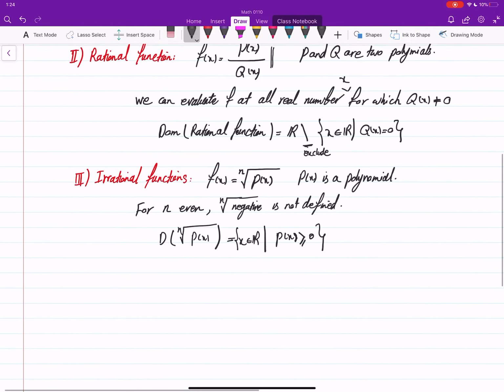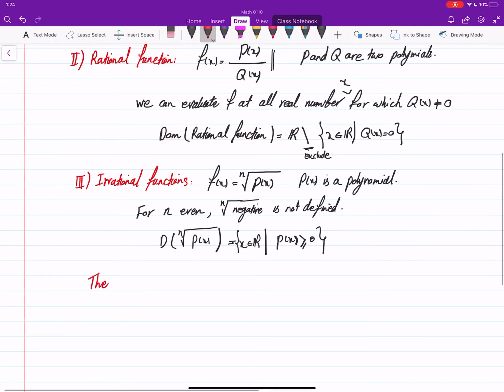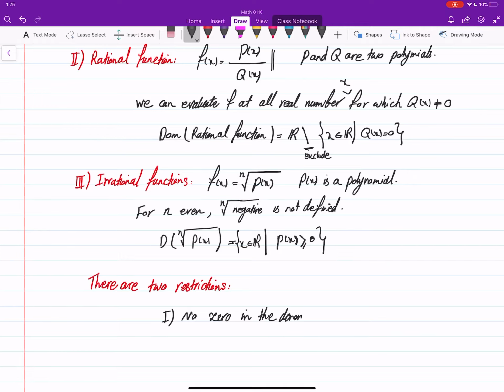In general, there are two restrictions that we have to take into account. One is no 0 in the denominator.